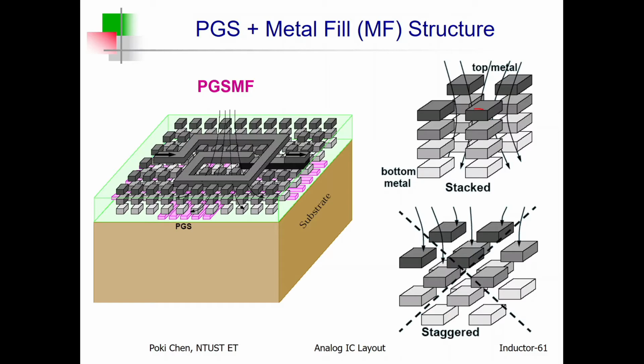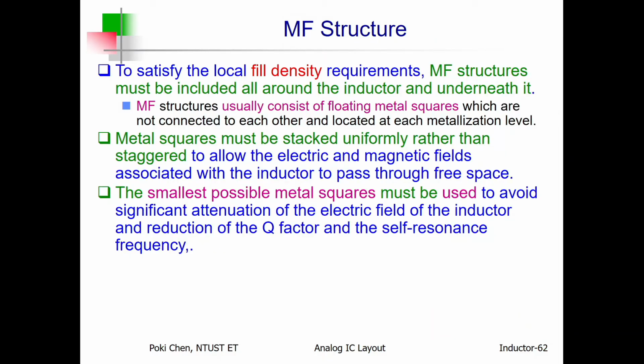I mean, from the top to the bottom, they need to be aligned to allow the flux to penetrate into the middle opening to the bottom. Okay, this is no good because the flux has no way to penetrate the inner opening. It is no good for filling.